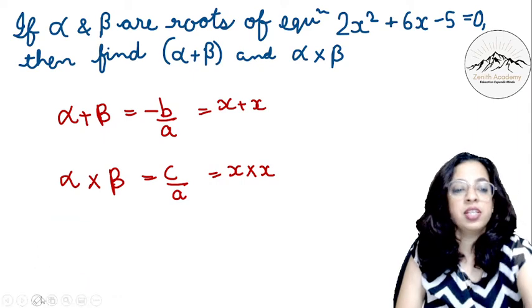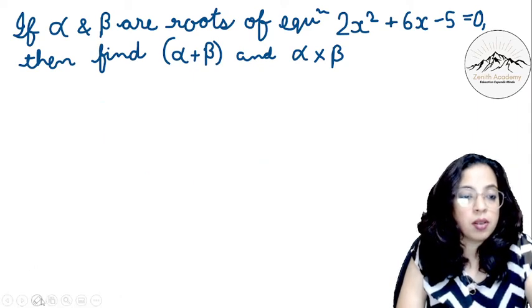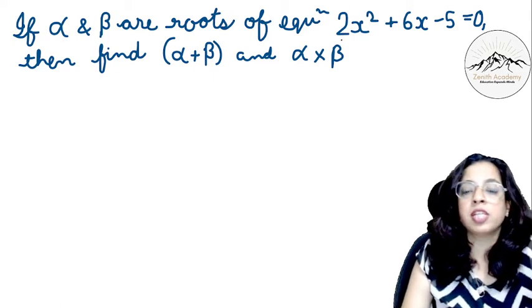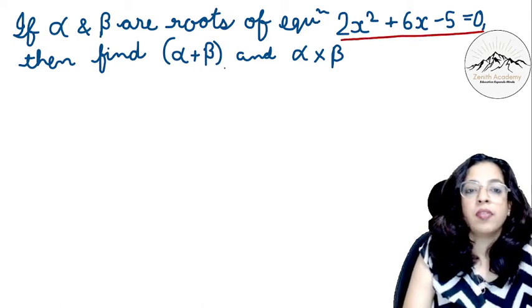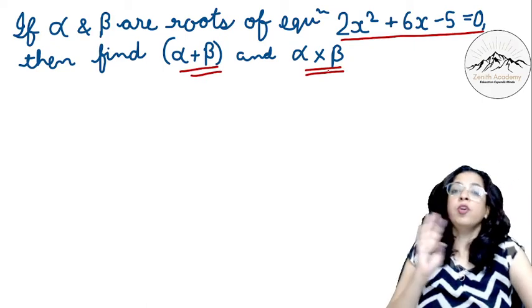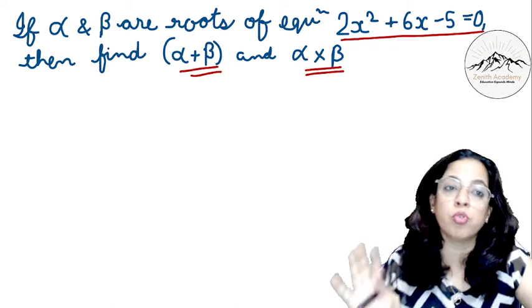Now let's read this question. If alpha and beta are the roots of this particular equation, then find alpha plus beta and alpha into beta. So we don't have to find out the roots.